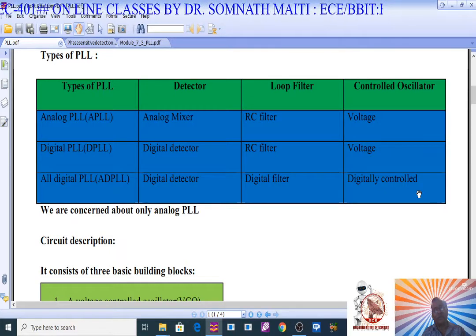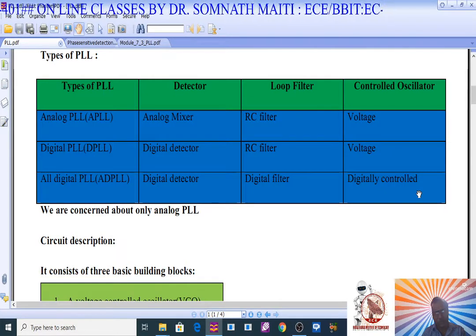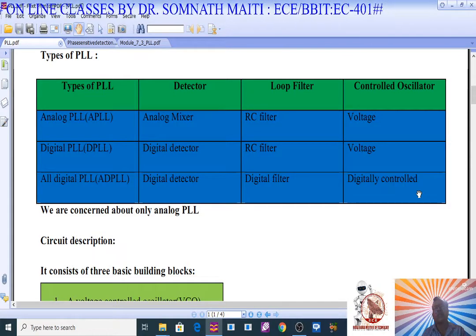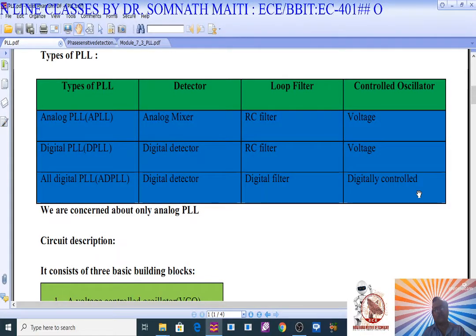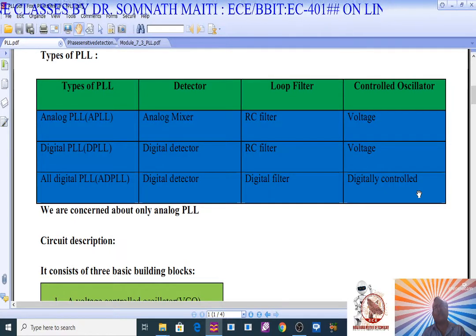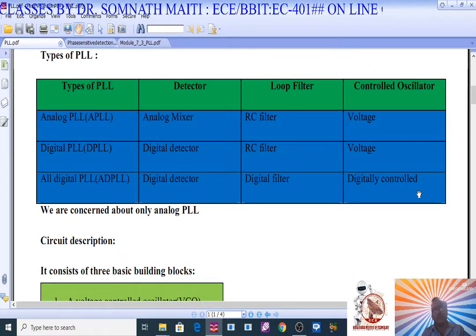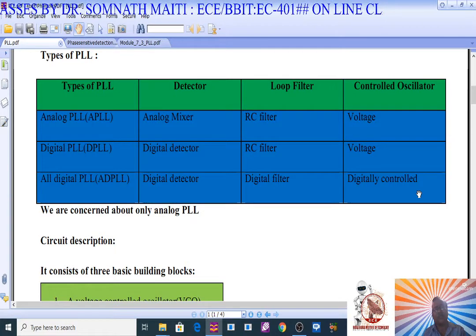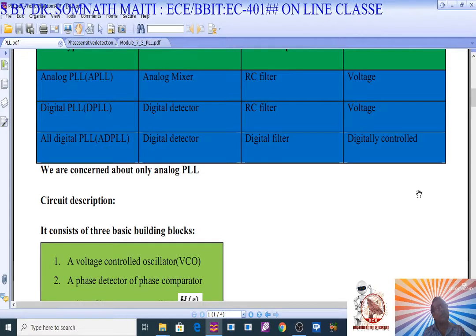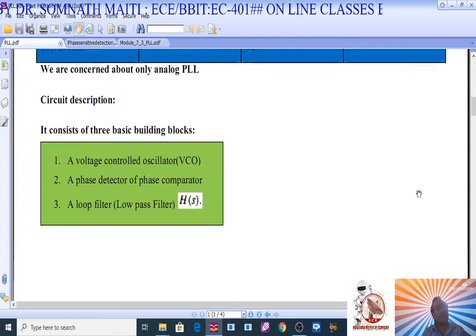Using an up down counter you have studied, with a proper control signal, you can up count the value of the counter and down count the value. So this is digital control. Rather than an oscillator which you have studied, we are using an up down counter. This is the difference. But here we are concerned about only analog PLL.